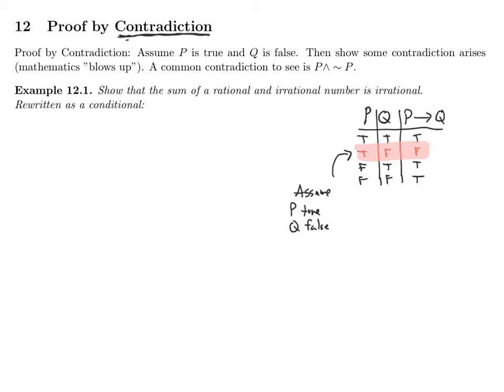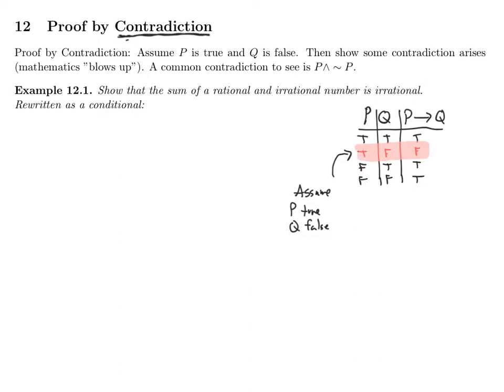And you're thinking, why are we going to do this? Well, the idea is, if we do have a conditional statement that's always true, well, if we assume that the if part is true and the then part is false, something will go wrong. Something will blow up mathematically, because this is always true, so this situation will never happen.